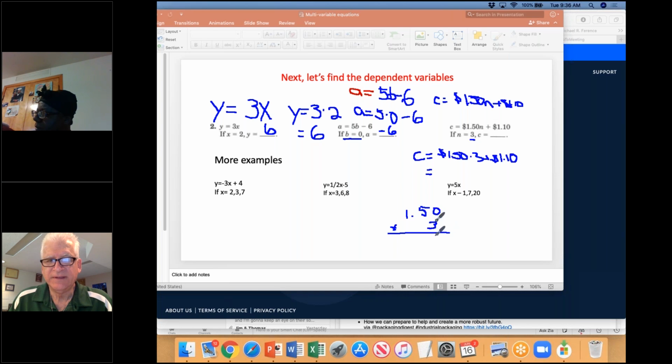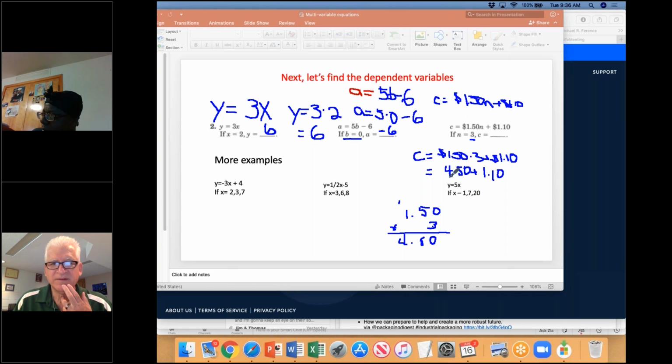Let's do it longhand here. 3 times 0 is 0. 3 times 50 is 150. What did you get? I got $4.50. Right. So we got $4.50 plus $1.10 is going to be $5.60.